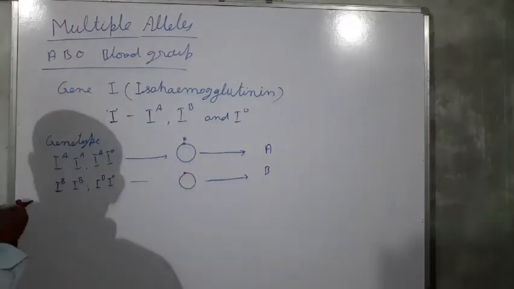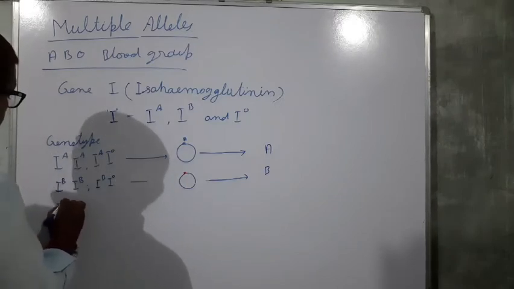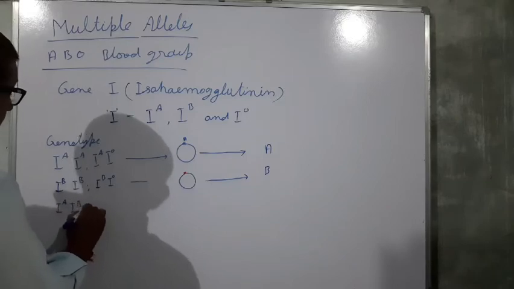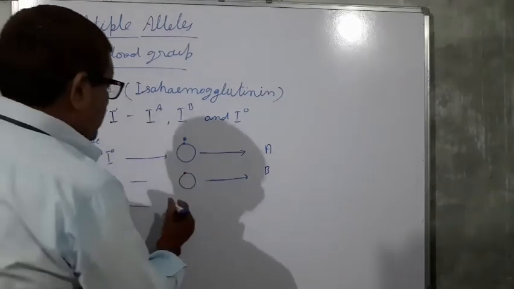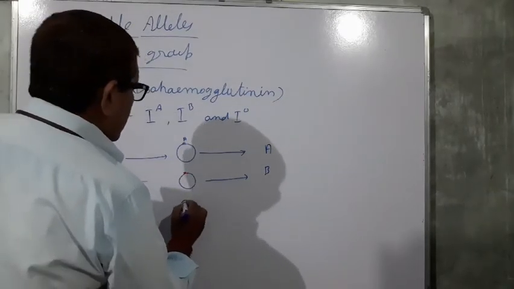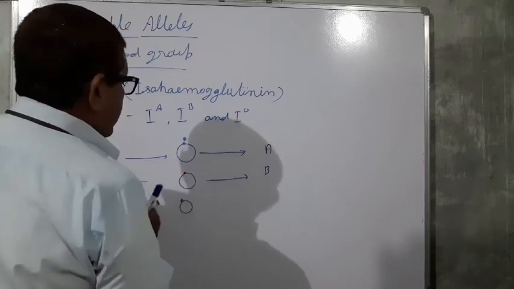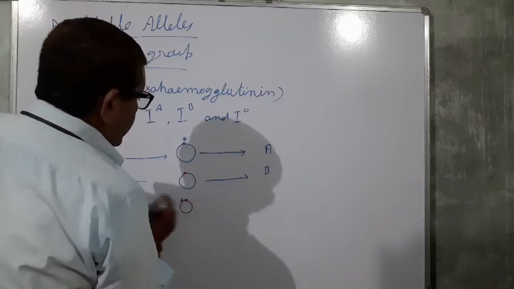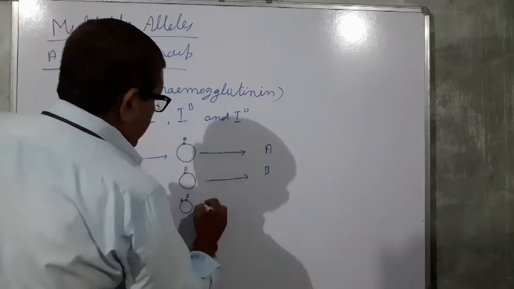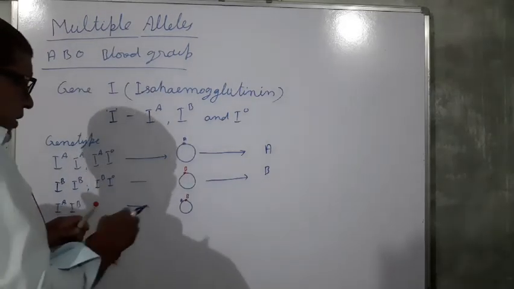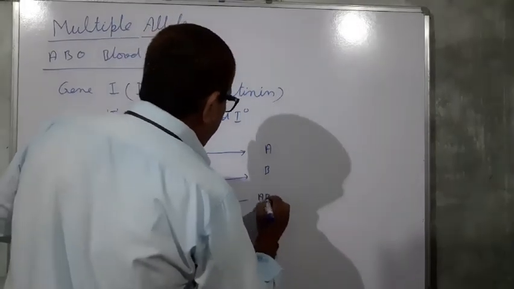And in the same way, genotype IA IB is responsible for the production of both antigen A and antigen B on the RBC, and that causes the blood group AB.